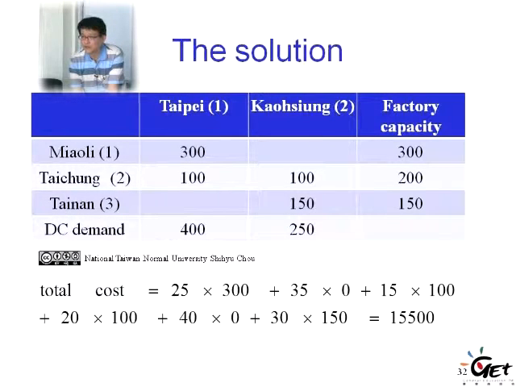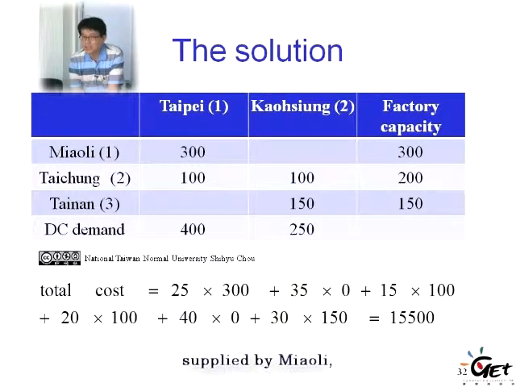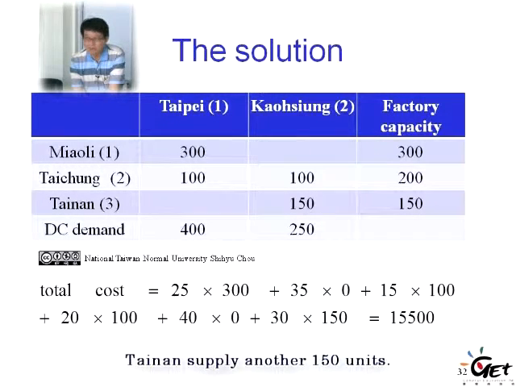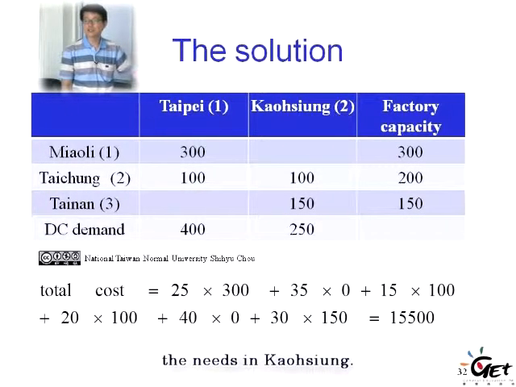Again, we look at the columns. Taipei meets 400 automobiles, supplied by Miaoli 300 and Taichung 100. And Kaohsiung totally needs 250 automobiles: 100 from Taichung, and Tainan supplies another 150 units. So together, 250 totally satisfies the demand at Kaohsiung.